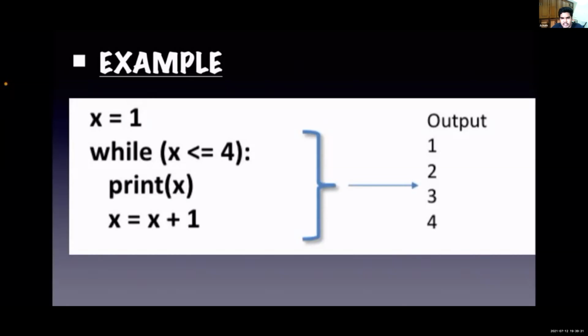Then we go to the next step, x equal to x plus 1. Currently we have 1, we add 1 more to it. Again we are moving to while, checking whether the new number is less than 4. We have 2, which is less than 4. Now we are printing 2 and again 1 is added to 2, that is equal to 3.